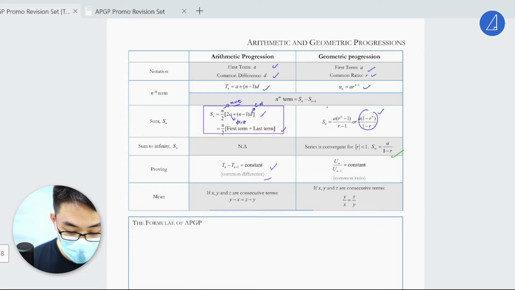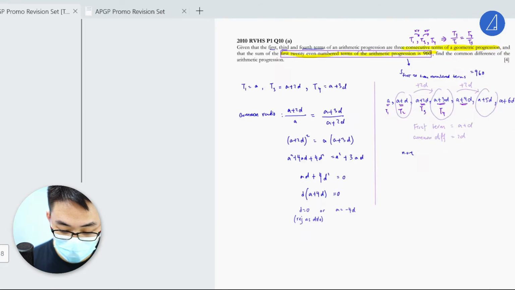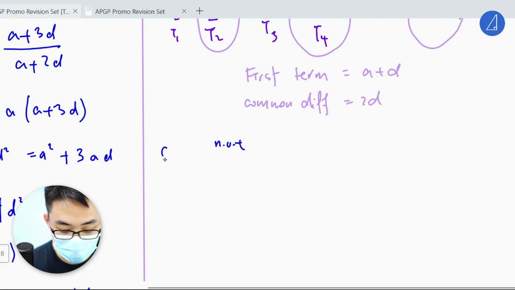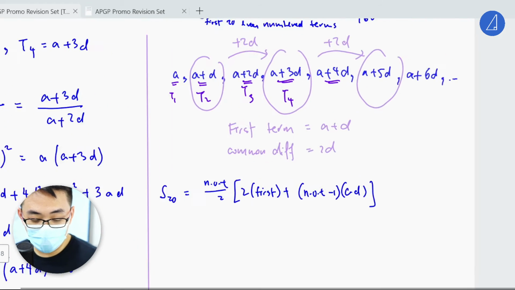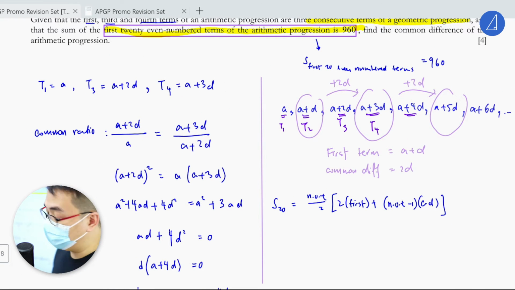So S20 is number of terms divided by 2, times first term plus number of terms minus 1 times common difference. Because now the common difference and the first term have got A. But you don't need to follow me. It's just that I want you to take note that this case here is very confusing if you use the normal formula.